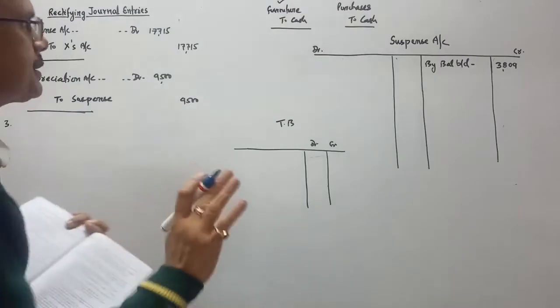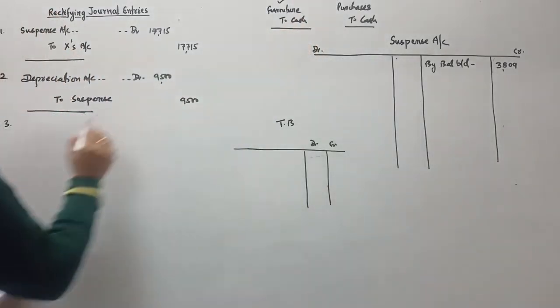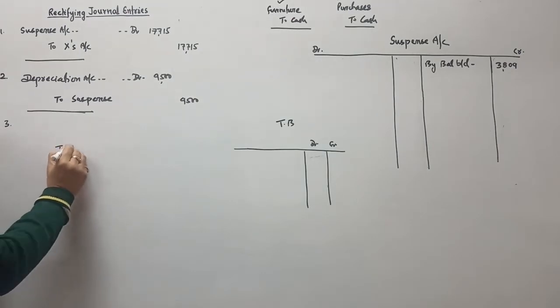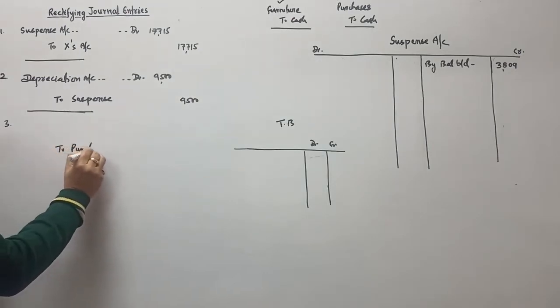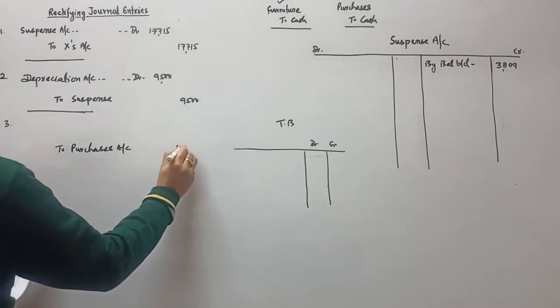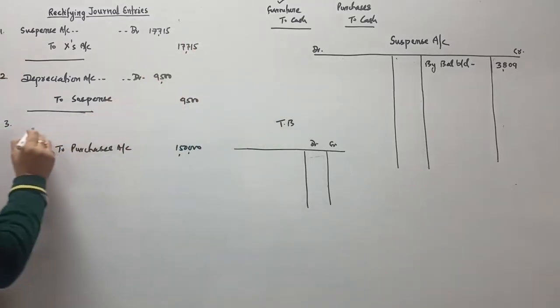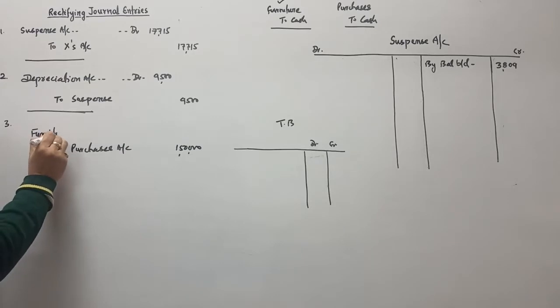But the error is there. We'll cancel this purchase account. For cancellation, we'll credit the purchase account by 1,50,000, and furniture we have to place at the right position, which is debit.